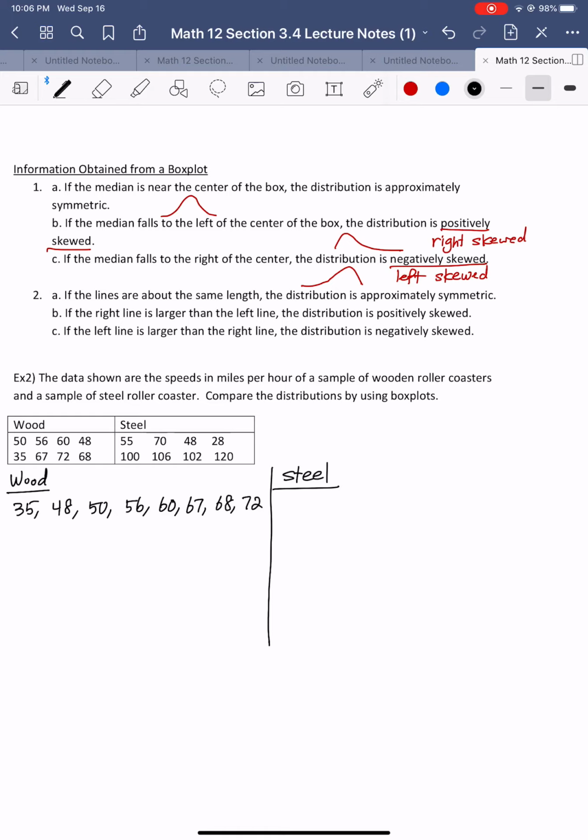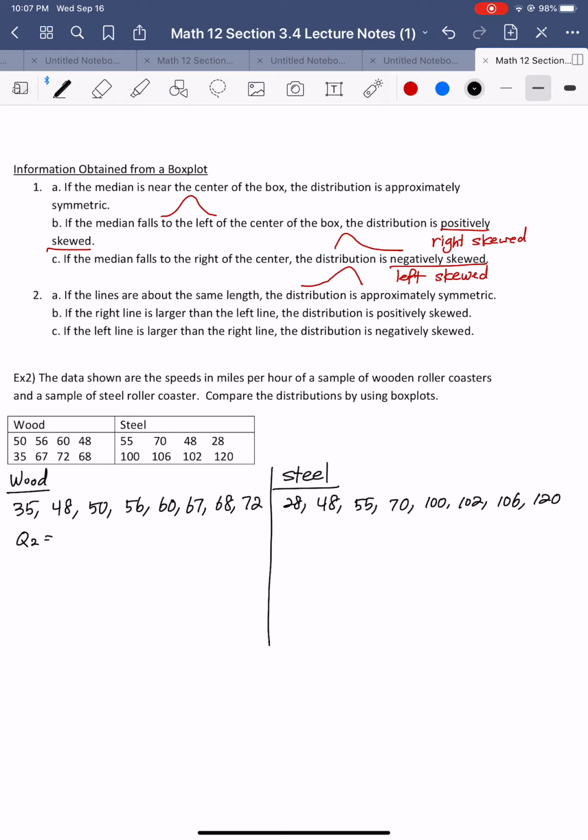For the steel roller coasters, the lowest number is 28, and then 48, 55, 70, 100, 102, 106, and 120.